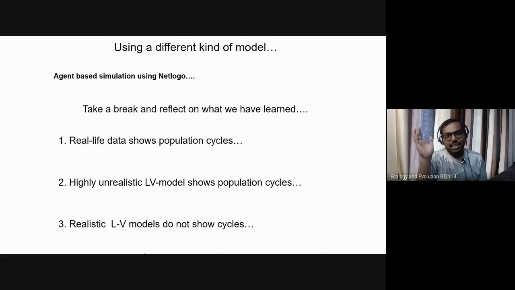Okay, you aren't seeing cycles anymore. And when you do the same Lotka-Volterra model, but now essentially do it in a slightly different framework, and I told you what are the two factors that are different in that framework, bam, again there are no cycles. Okay, so what the hell?